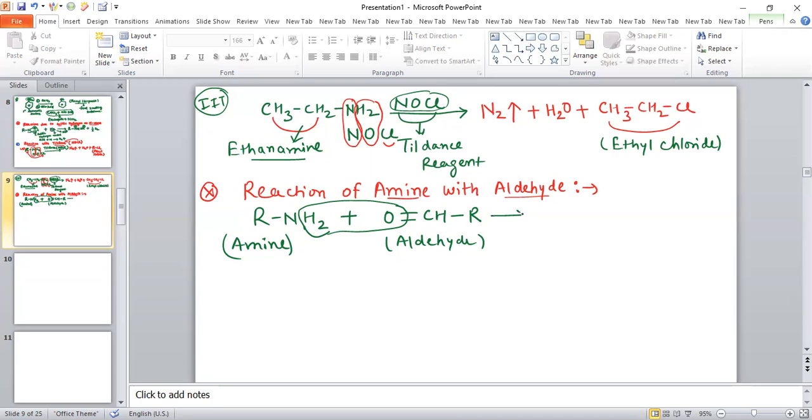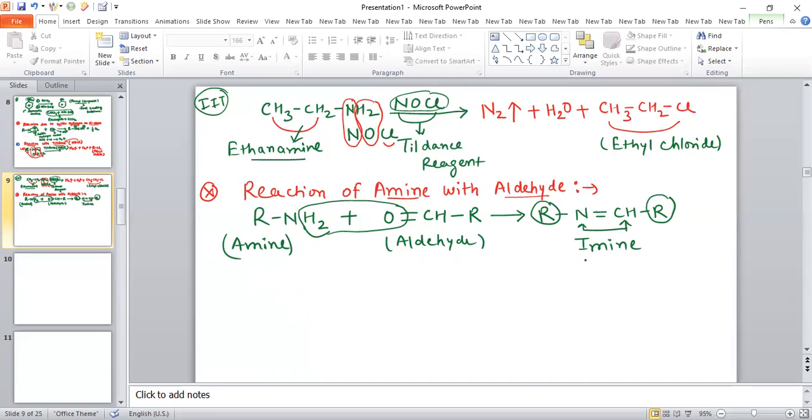So after reaction, the product is like this: R N double bond CH and R. You can see this is basically imine. We have already seen that this C double bond N we call imine, and on this imine there are alkyl groups.